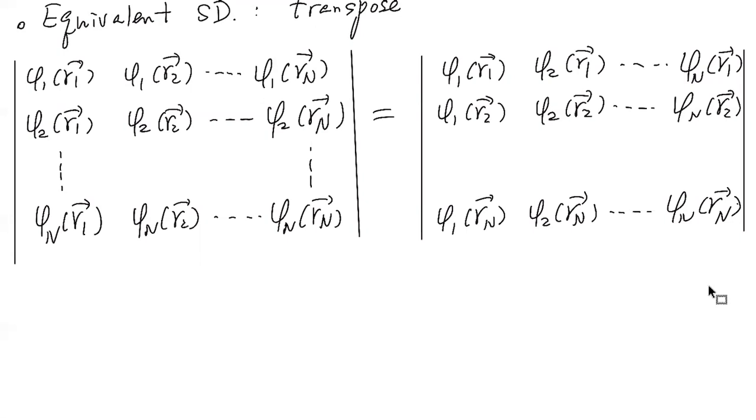That's your choice. The product of the diagonal elements is the same, right? It's always phi 1 R1 times phi 2 R2 times until phi n Rn. They are equivalent.